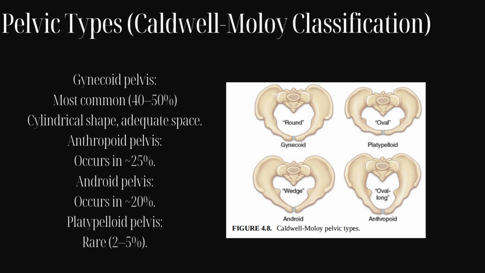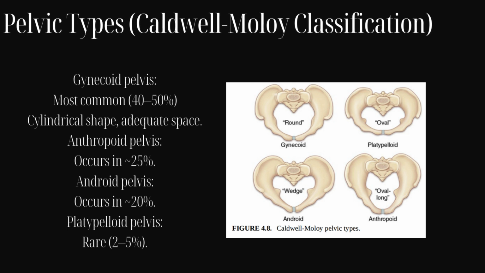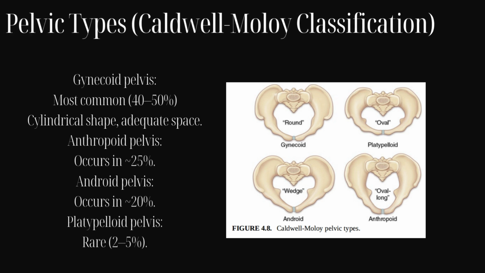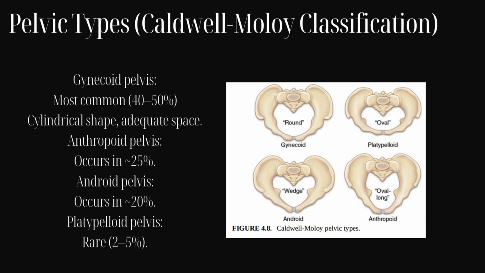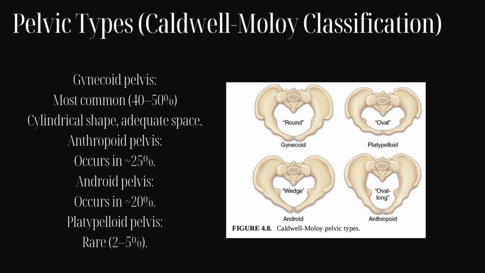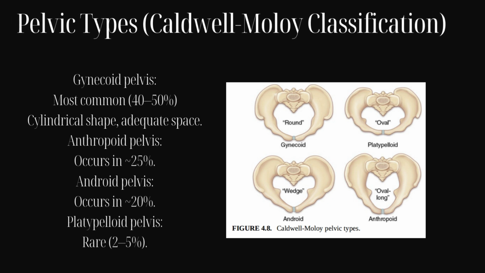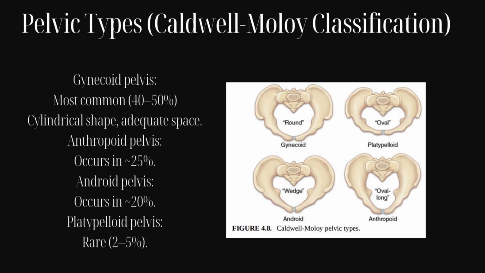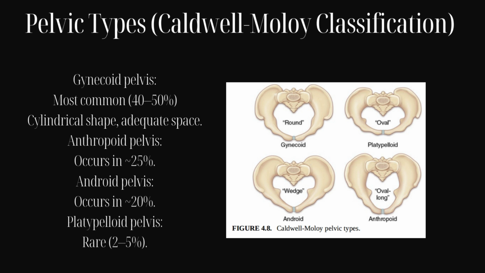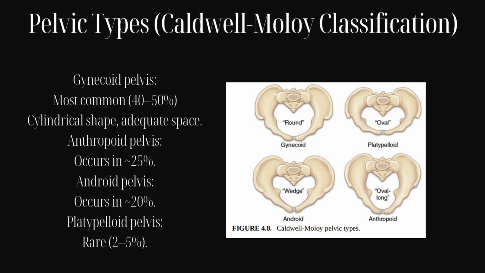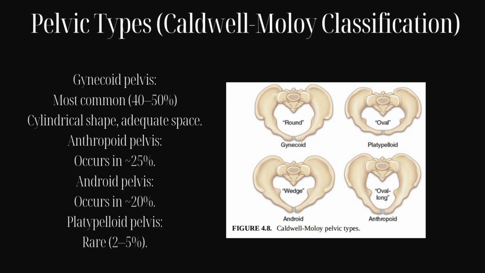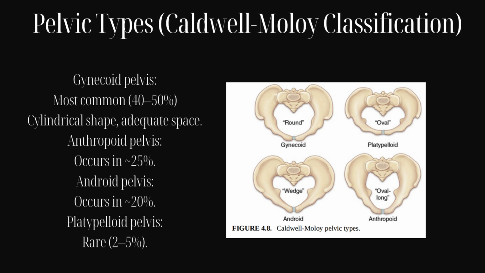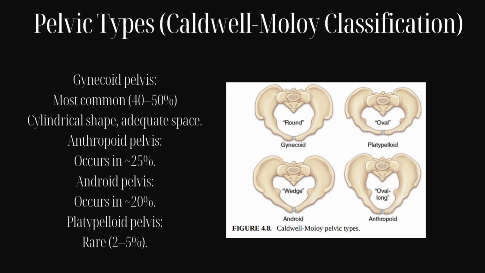The Caldwell-Moloy classification system categorizes the female pelvis into four basic types: gynecoid, anthropoid, android, and platypelloid. The gynecoid pelvis is the most common, seen in 40 to 50% of women, and is ideal for childbirth due to its cylindrical shape and adequate space.